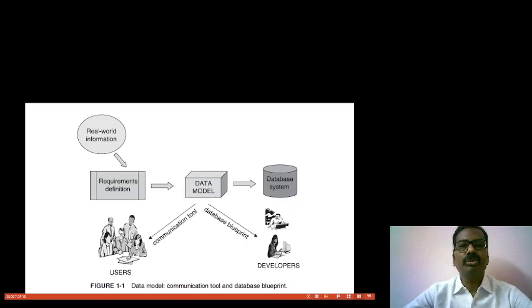This modeling concept is represented by means of a diagram. You can see here the diagram: real world information. Real world information can be a banking system or hospital system or medical center, whatever it may be. The first step is requirements definition.